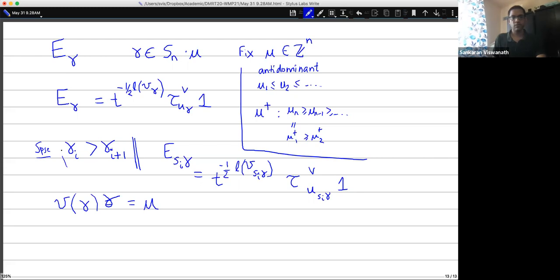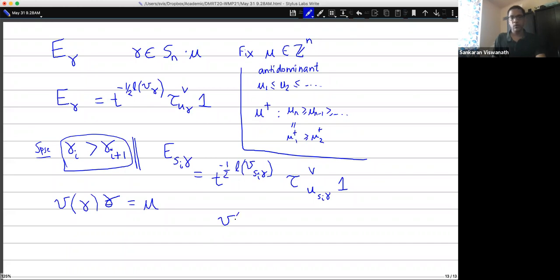Observe, gamma has an inversion, so I first need to fix this. How do you find the minimal V which does the job? You do a greedy sort: you look for all adjacent inversions and set them right in any order. You pick an inversion, set it right, then move on to the next inversion, and so on. This process will always produce a minimal length element.